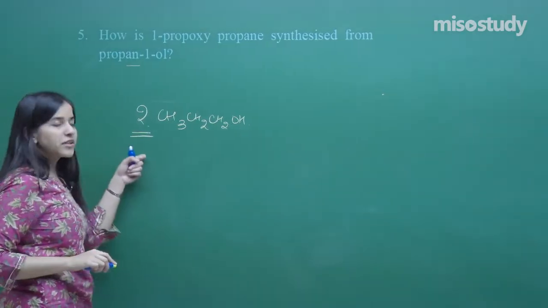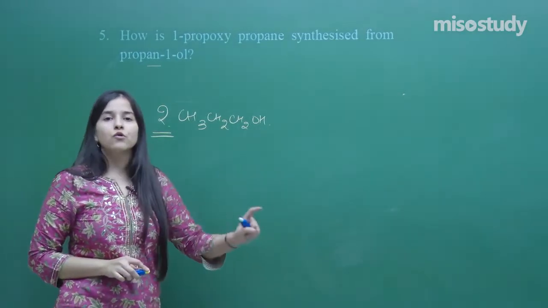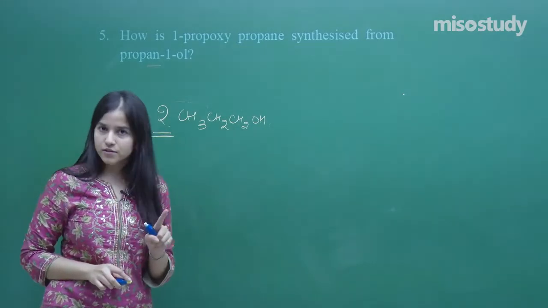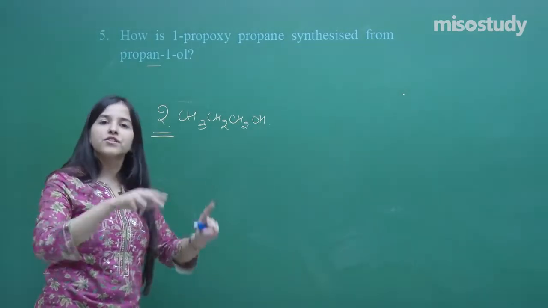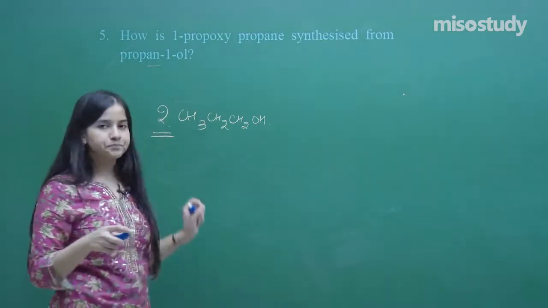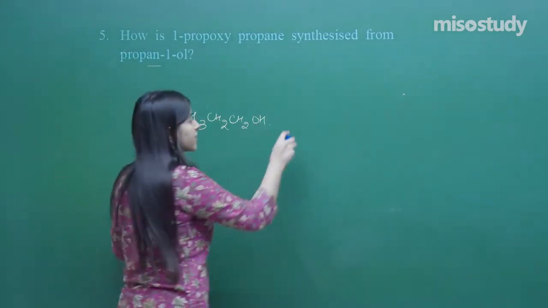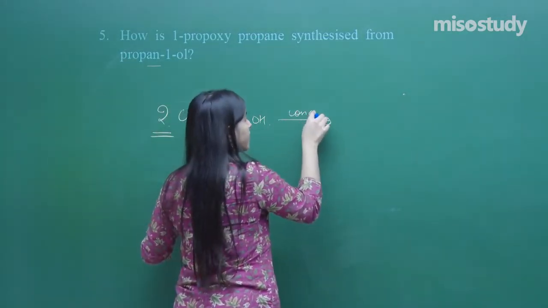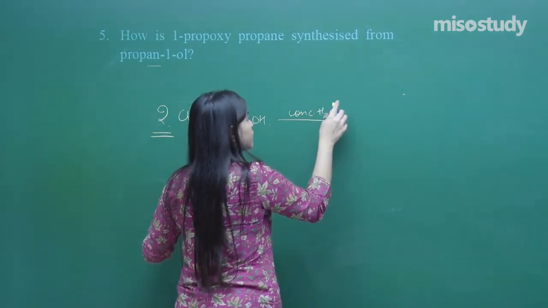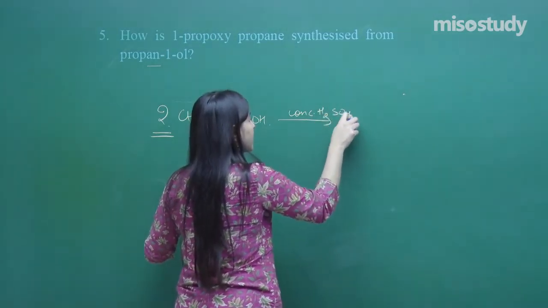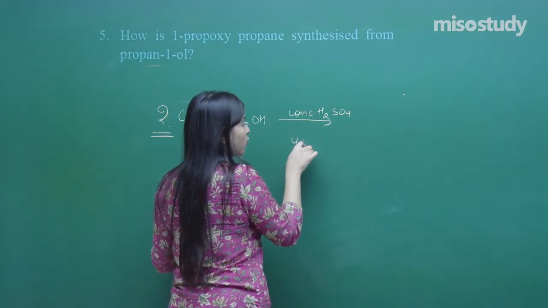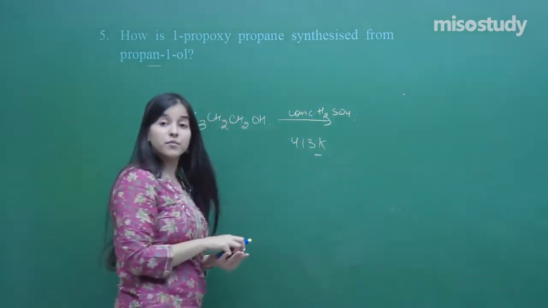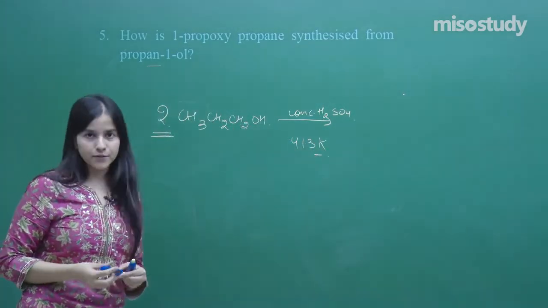If you have mentioned this in the answer, then only you will get proper marks, otherwise not, right? 2 moles will fetch you 1 mole of an ether. And specifically, although I am taking concentrated H2SO4, the proper reaction condition is 413 Kelvin, which is favorable for the formation of ether, right?